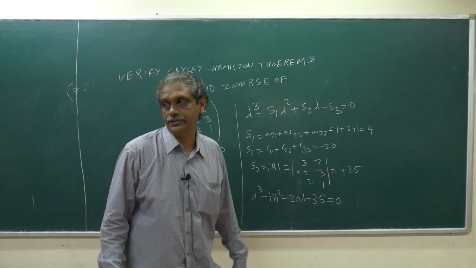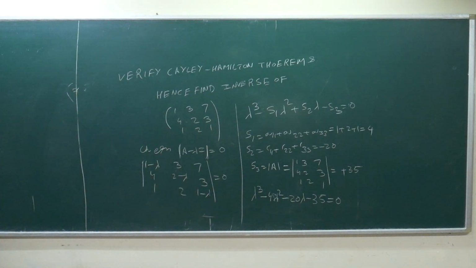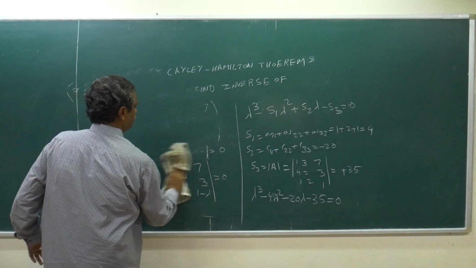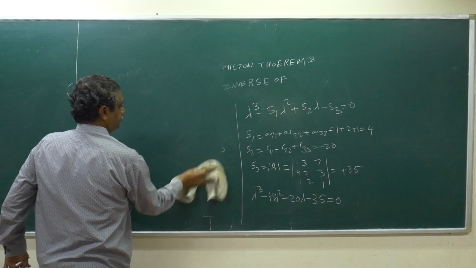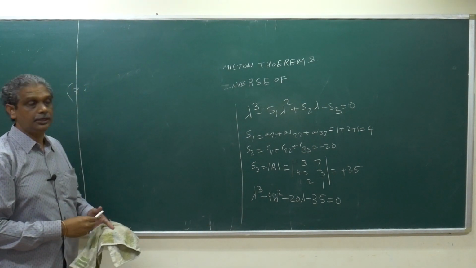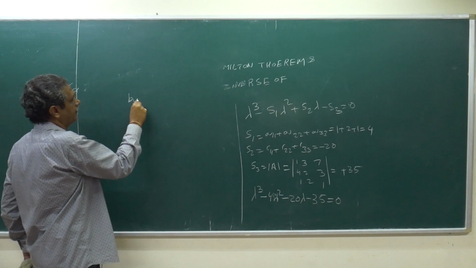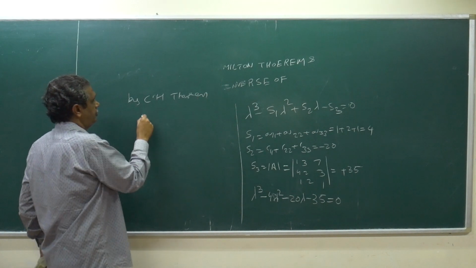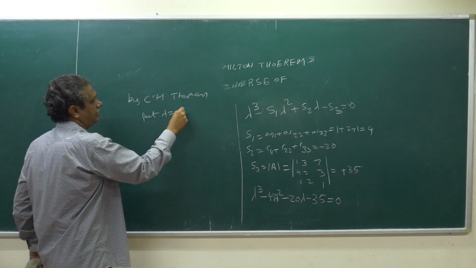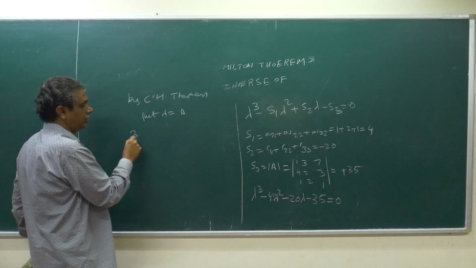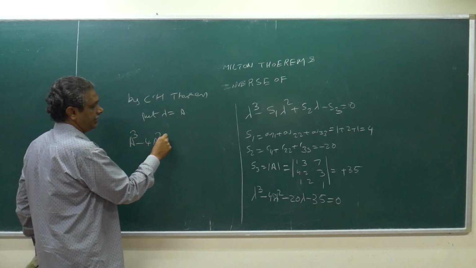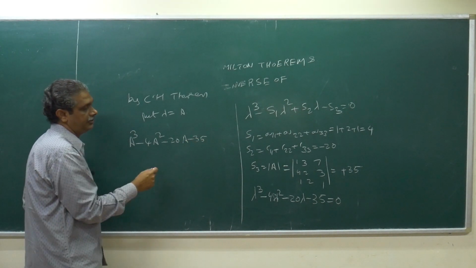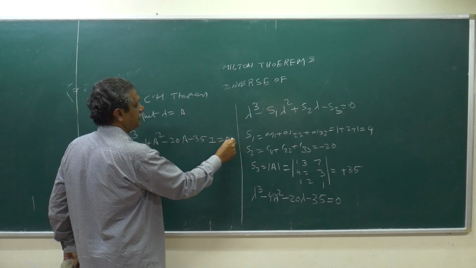So put lambda is equal to A. Then what will you get? A cube minus 4A square minus 20A minus 35 into the identity matrix is equal to 0. A single number cannot be added to a matrix, so I write the identity matrix.